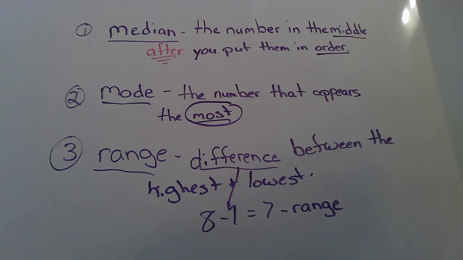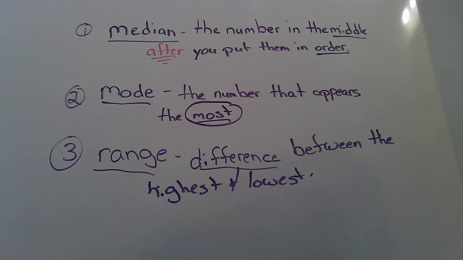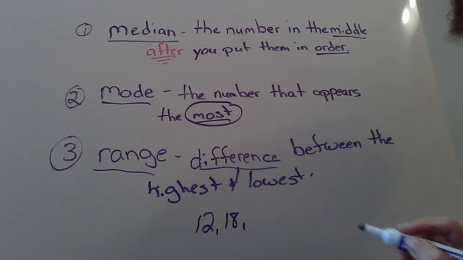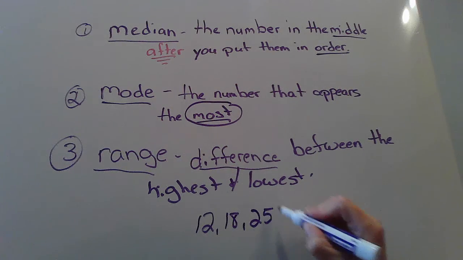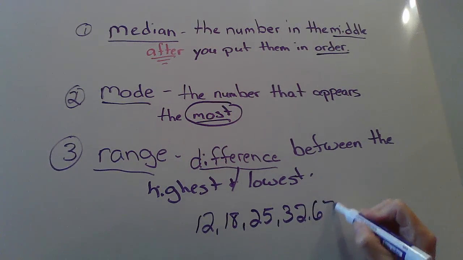Okay, so let's look at some of the examples they give you below. Number 1 says, find the median of the data set 12, 18, 25, 32, 63. The first thing you need to do is put that in order, and they actually do put it in order for you. 12, 18, 25, 32, and 63.